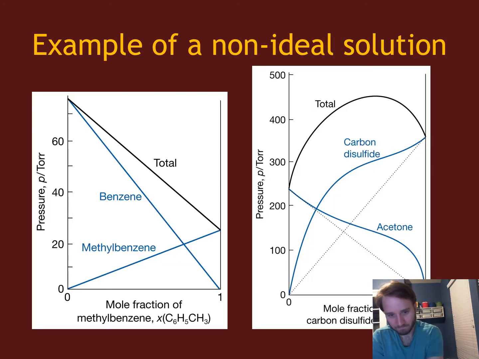that figure. So for example, we have carbon disulfide and acetone being mixed together on the right, and we've plotted the vapor pressures for what is obviously not an ideal solution.